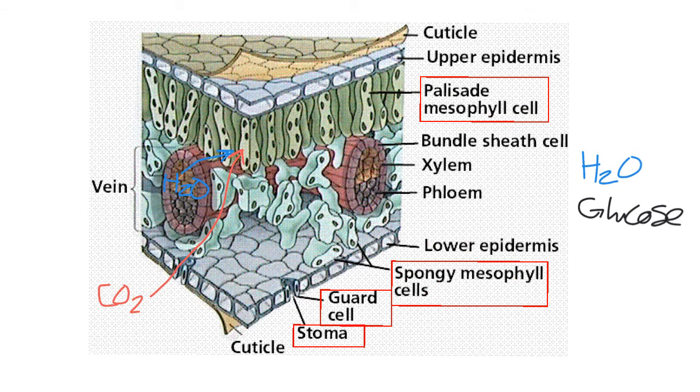And then our product from this reaction is going to be oxygen coming out, and glucose is going to be going into the vascular bundle. And so all the bits and pieces are going to go where they need to go. And everything is in close proximity to one another.